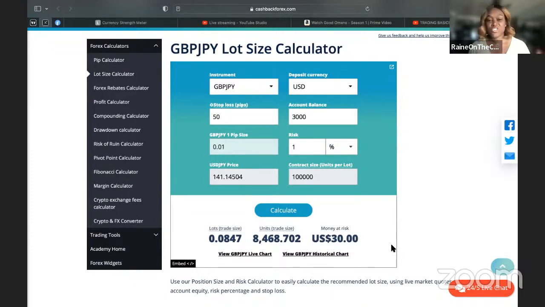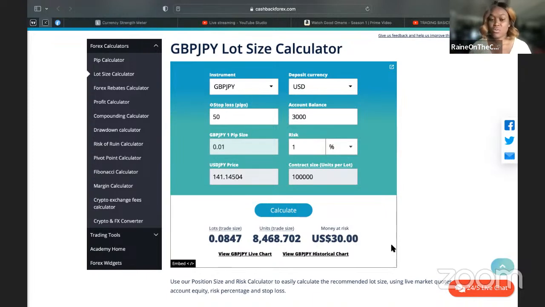So if I take this trade and it goes against me and hits my 50 pip stop loss, I will lose $30. Does that make sense to you guys? Let me know in the comments if that makes sense. So you could lose $30 if it goes negative 50 pips, but you would not lose more than that because by putting 1% risk, you're saying that's what it is.